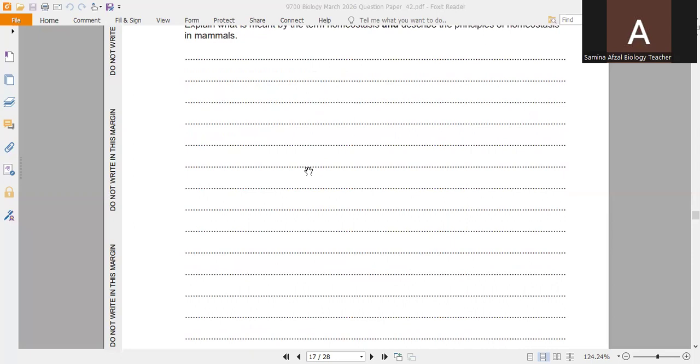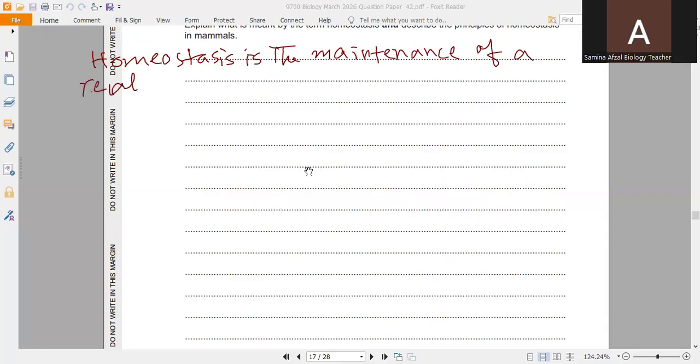First of all, homeostasis is the maintenance of a relatively constant internal environment.